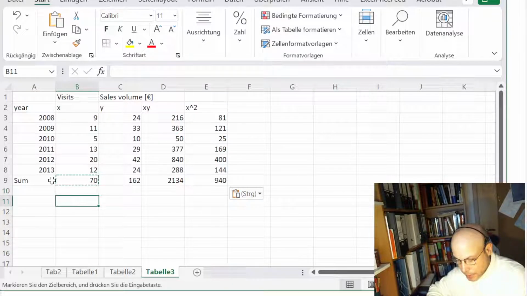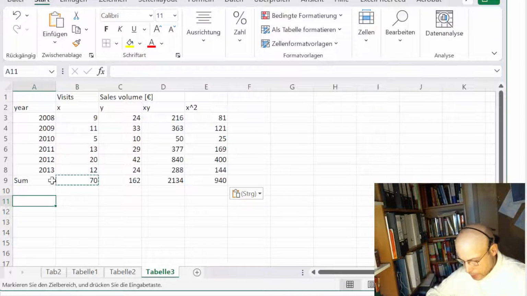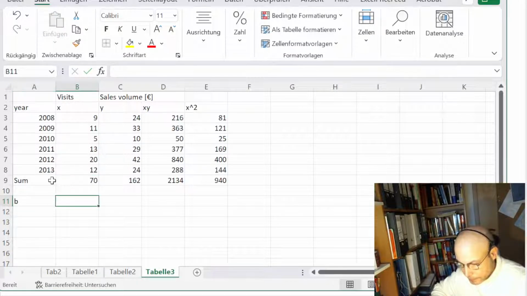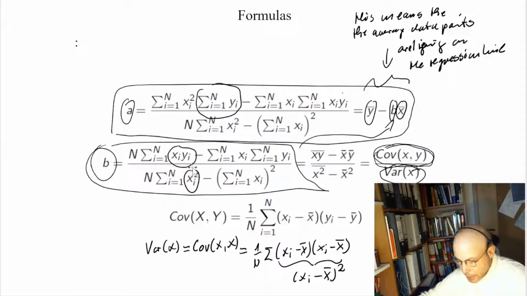And then we can calculate b equals n times the product of both data points.